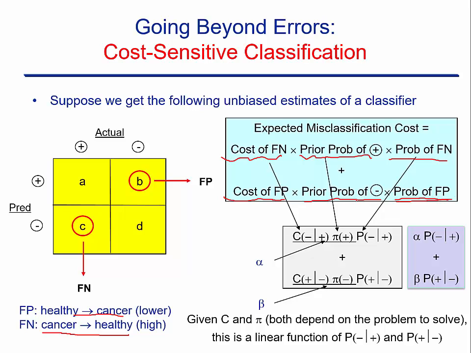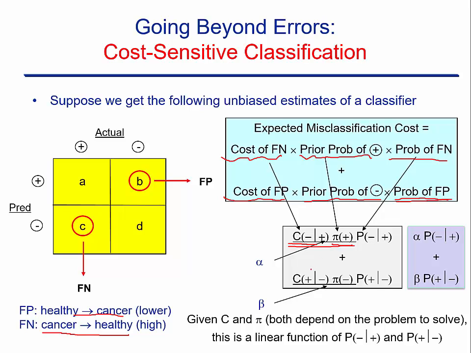If we do some transformation of the equation, let's denote C(minus|plus) as the cost of misclassifying a positive sample to negative, and denote pi(plus) as the prior probability of positive samples. Now we combine the first two terms in this multiplication into alpha.